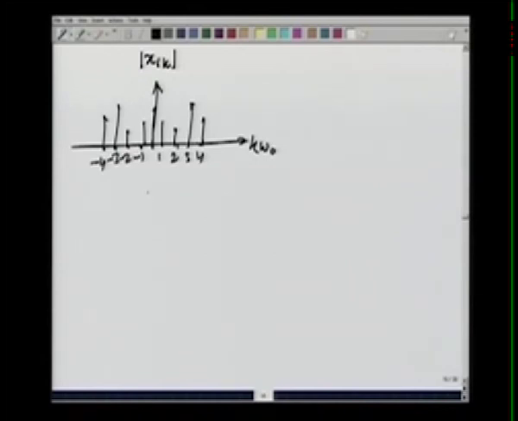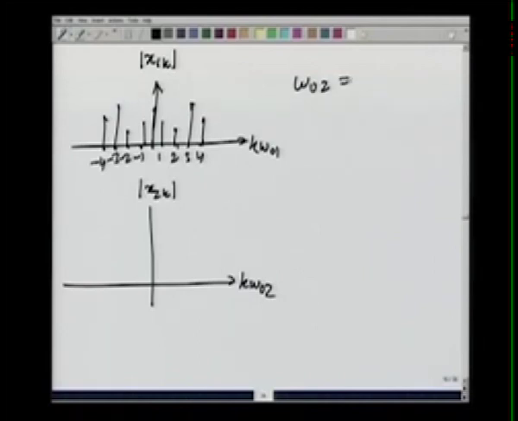Fine. Now, mod x 2 k. Here we had k omega naught 1, now we have k omega naught 2, but omega naught 2 equals 2 times omega naught 1 because T 1 equals 2 T 2.